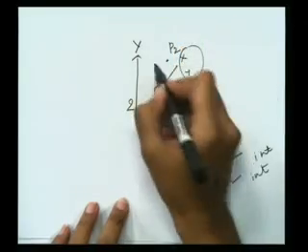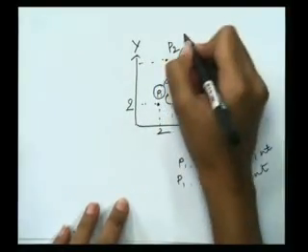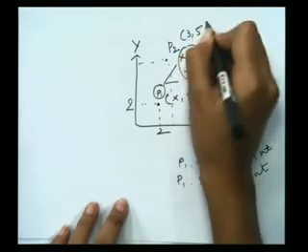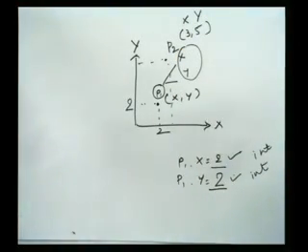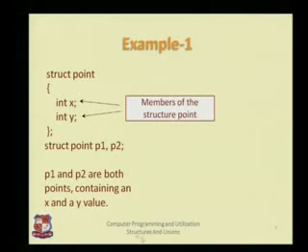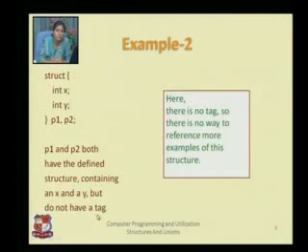The p1 could be 2 by 2 and p2 could be, say, 3 comma 5. So the values of p2's x and y are different, right? We are taking two particular points, p1 and p2, and for them I need x and y. So here struct point p1 and p2 declares two objects, or two structure variables, of which type? Point type. So p1 and p2 are both points containing x and y values, right?